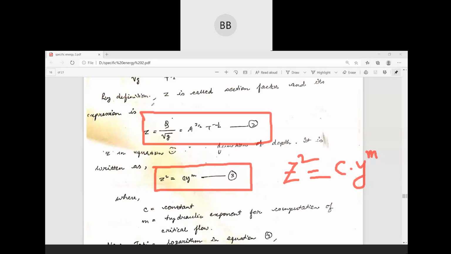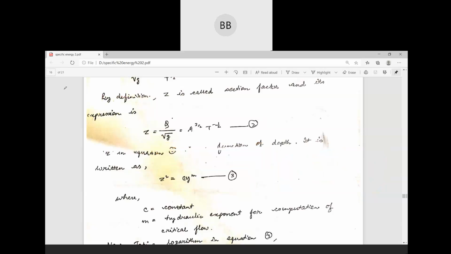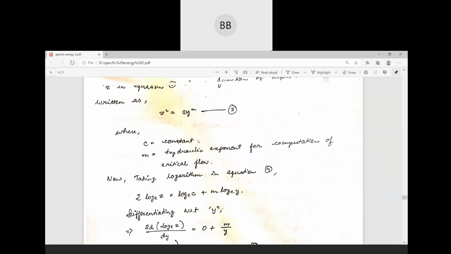Or this Z square, the section factor, can also be written with this equation, where C is a constant and M is your hydraulic exponent for computation of critical flow in open channel. Okay?